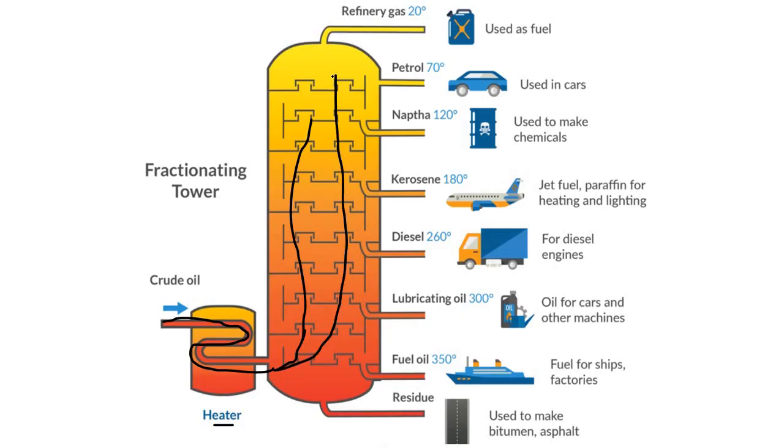They get condensed depending on the temperature. Here the temperatures are given. The compounds in the liquid petroleum gas have very low boiling points and they don't turn back to the liquid state.